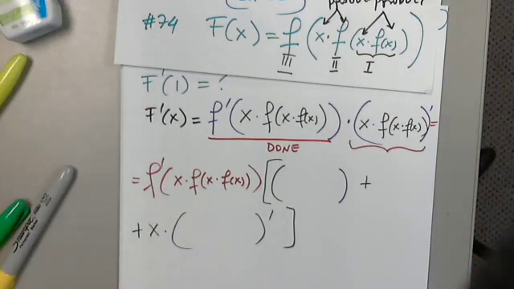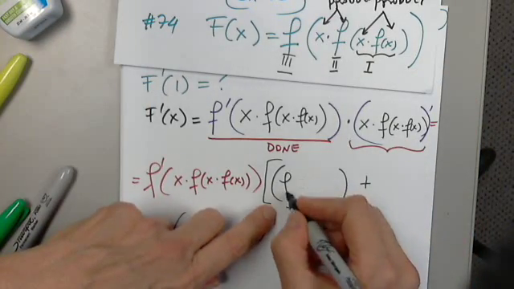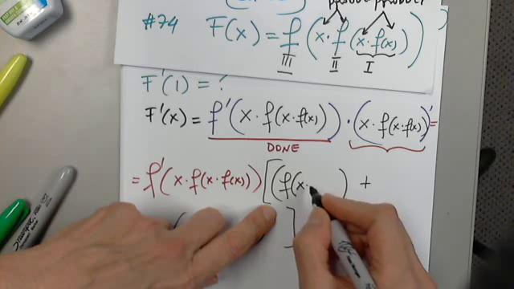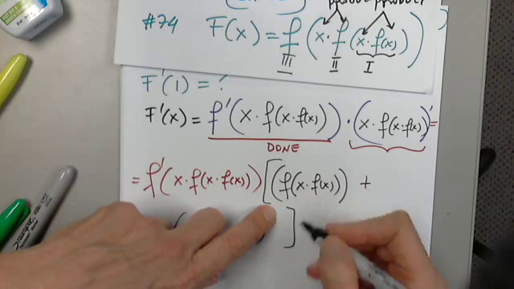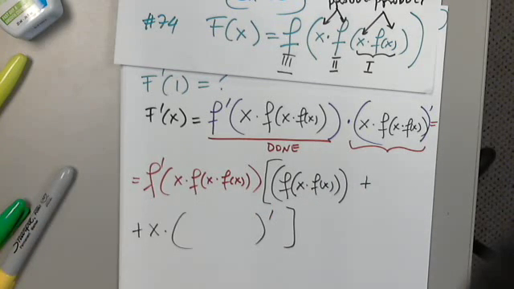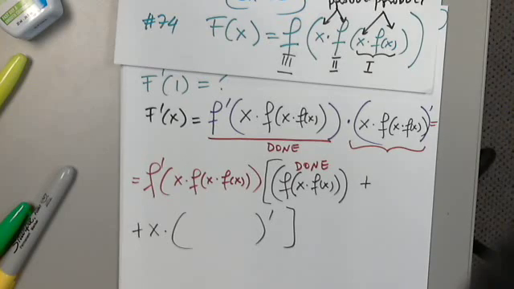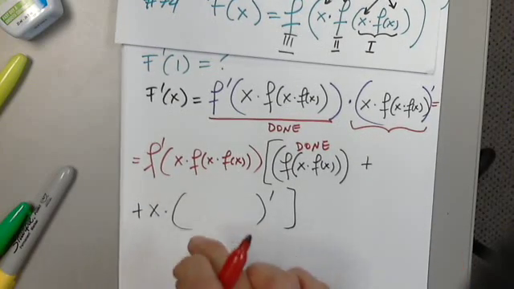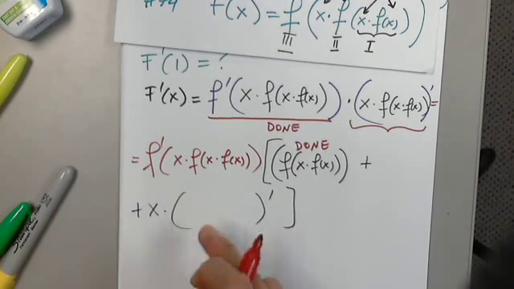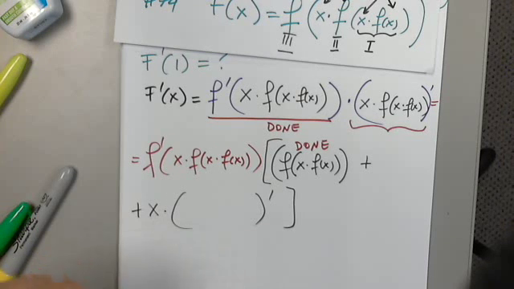Now I stop and I fill it in. I fill it in with f of x times f of x. Now, this is done. There's nothing I can do here. Another piece that is done. But I have this one. I'm going to copy it for now and then decide what to do.